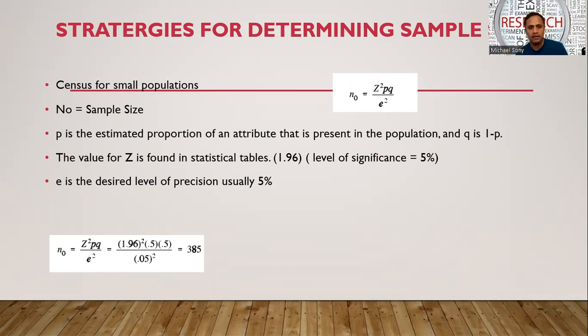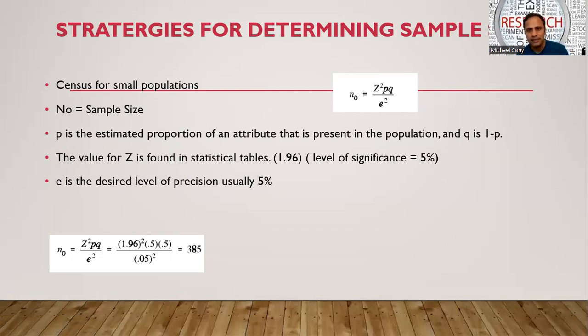So, the z value corresponding to 5% level of significance is 1.96. So, the z value is usually 1.96 unless the level of significance changes. Usually 95% is the standard acceptable level.